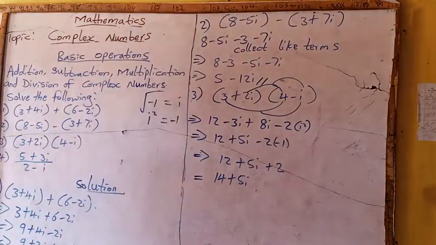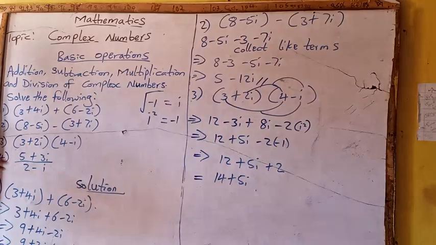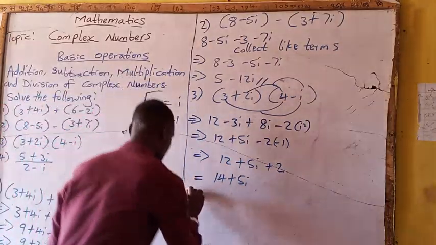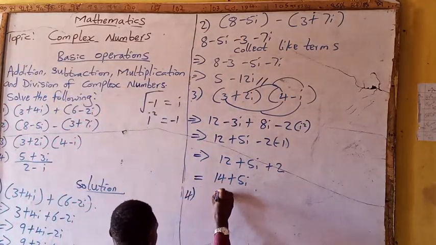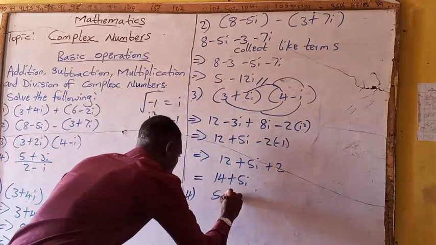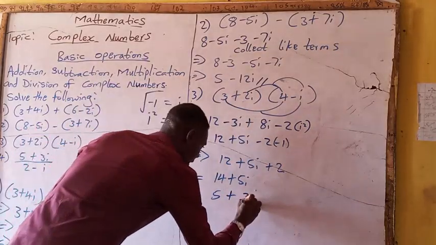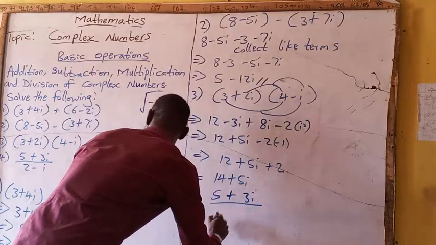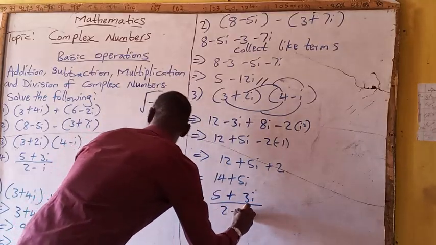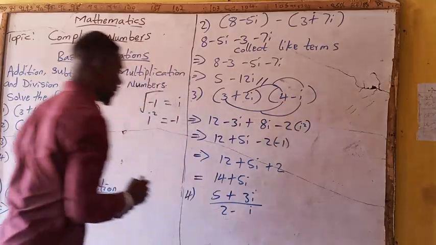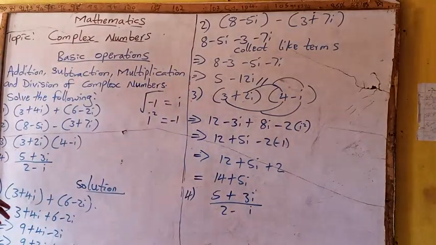Now let's go to the last part of these operations. We have number 4: (5 + 3i) all divided by (2 - i). Now, in this division, we have a unique pattern of solving.